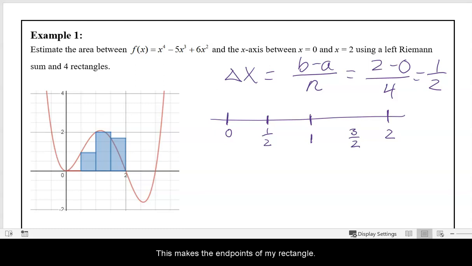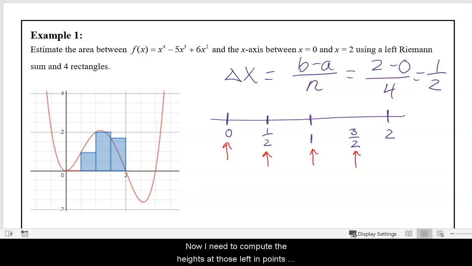This makes the endpoints of my rectangles. The left endpoints, however, I'll mark with red arrows. 0 is the left endpoint for the first box, 1/2 is the left endpoint for the second box, 1 is the left endpoint for the third, and 3/2 is the left endpoint for the fourth box.